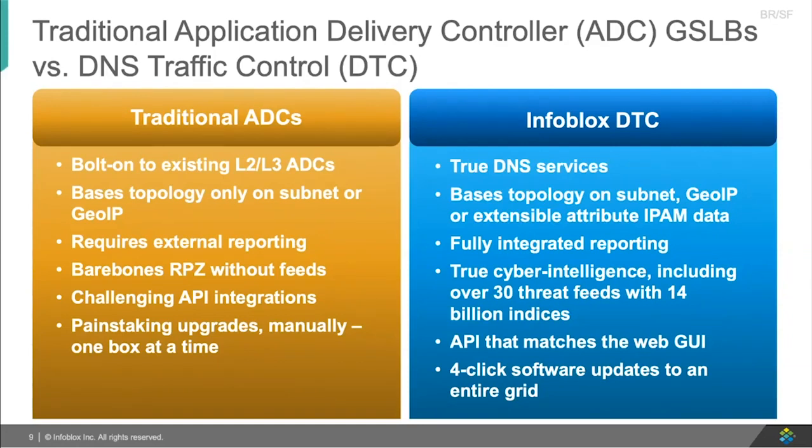Being able to use our threat feeds, and I mentioned, I guess it's 30 now. We have 30 threat feeds, and then again, a 4-click software update to update an entire grid, right? You download the thing, you run a couple commands, and you can even schedule those to run overnight, and it's done. Yeah, I mean, so the distinctions are really pretty substantial here.